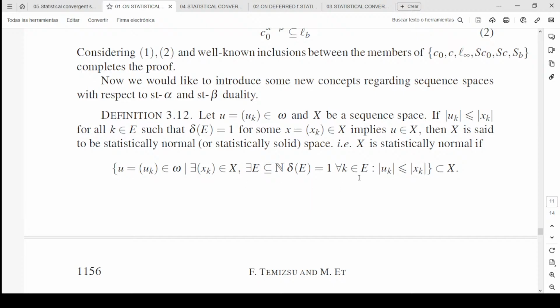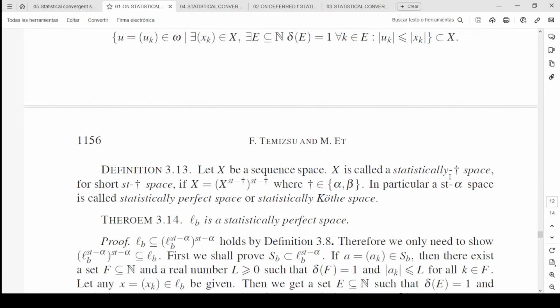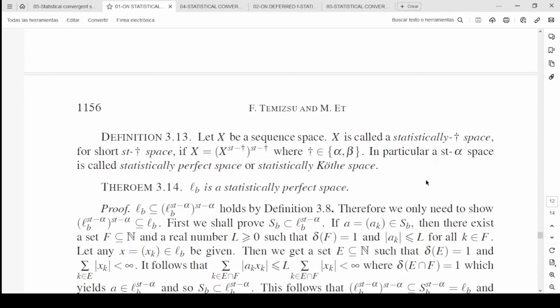X is statistically normal if we have this inclusion, for short. I mean the set of sequences u for which there exists some xk's from X such that we have a dense set A, so that for all k from that set A, uk is less than or equal to xk, should be included in X. So we defined a couple of notions which are equivalents from the usual case: statistical alpha space, statistical beta space, or in other words, statistically perfect space or statistically Köthe space.